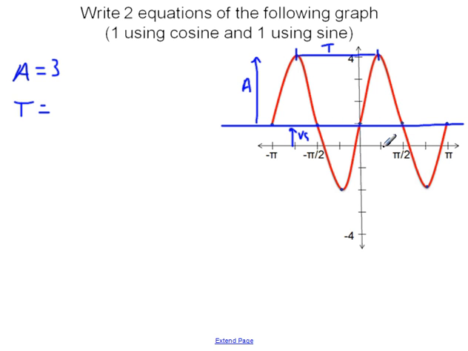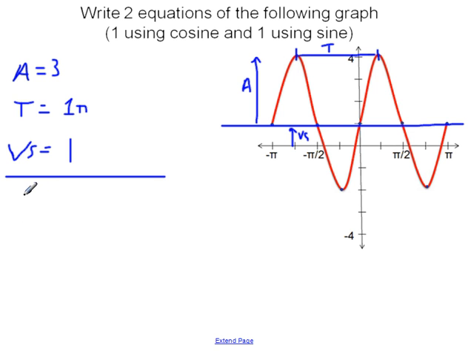Each mark here is pi over 4, so it's 1 pi. And lastly, the vertical shift is just up 1, so it's 1. Those are the three values shared for both graphs.